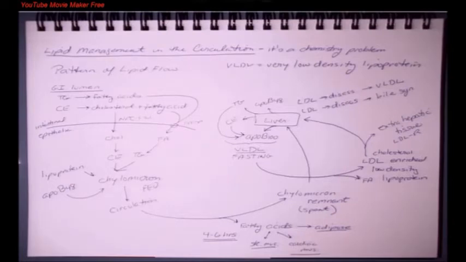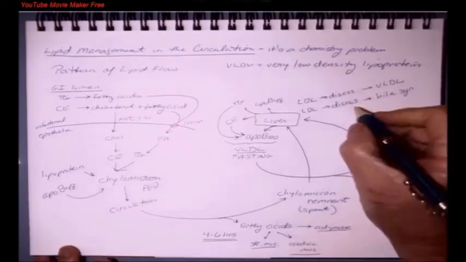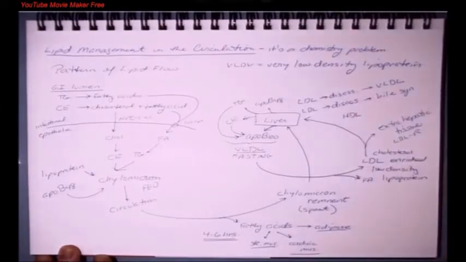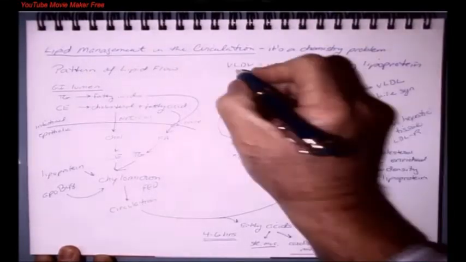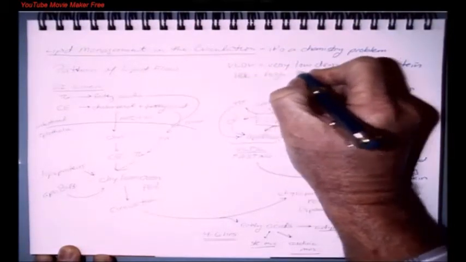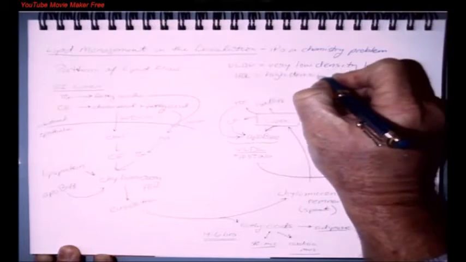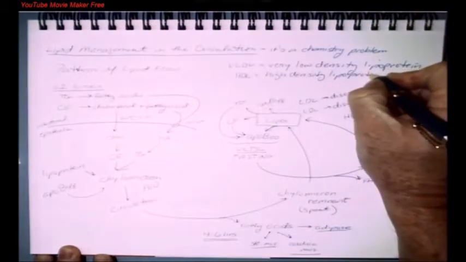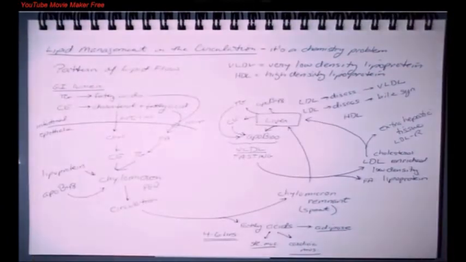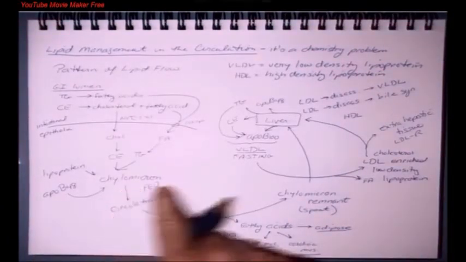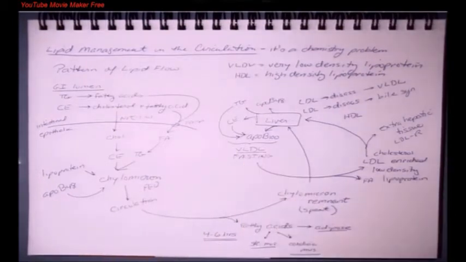Now, the one other lipoprotein that you have to be aware of is HDL, our good cholesterol, as it's called. And HDL stands for high density lipoprotein. Now, we have a relationship we're seeing here between chylomicrons, VLDL, and LDL.